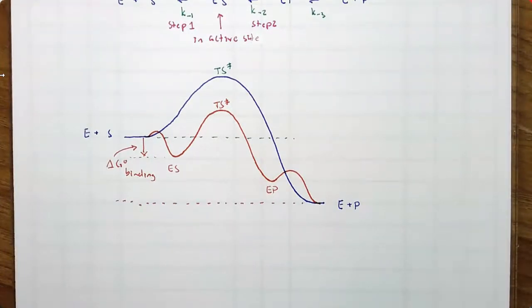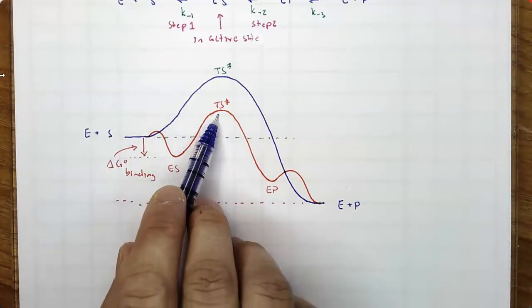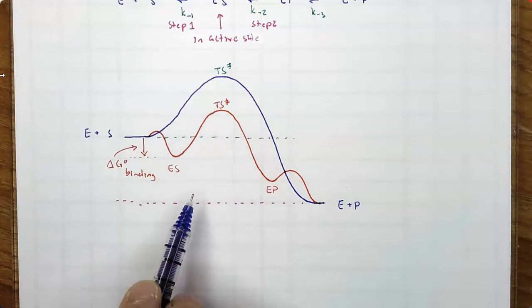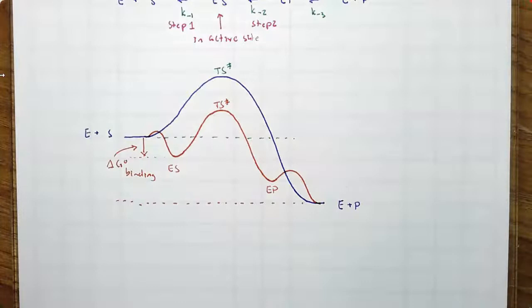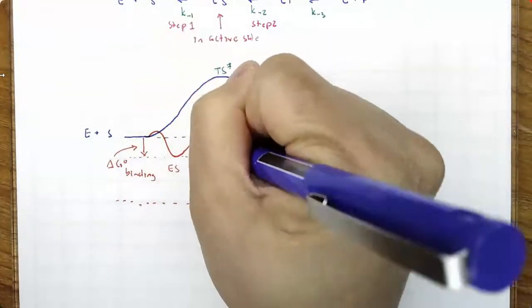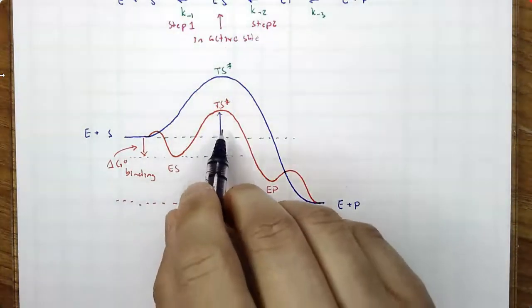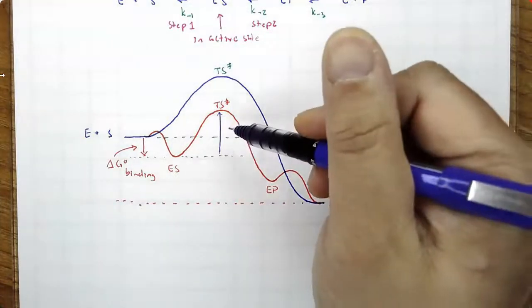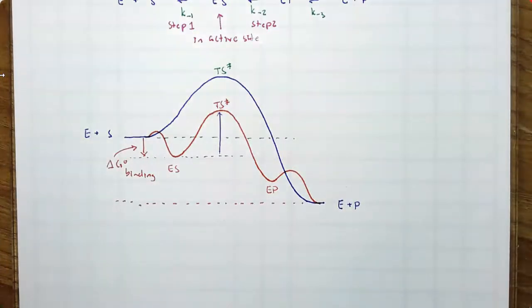Okay. Now, when we think about the activation energy, what we're really interested in is not from ES to the transition state, but the enzyme substrate complex to this transition state. We have this rise here. It should be, oh boy, it should be still shorter or lower than this, and I believe it is.